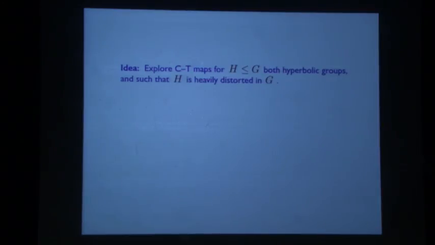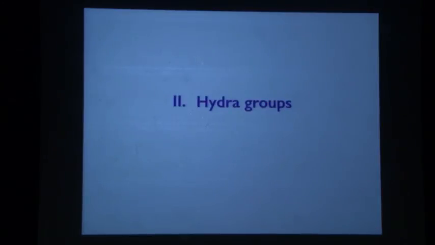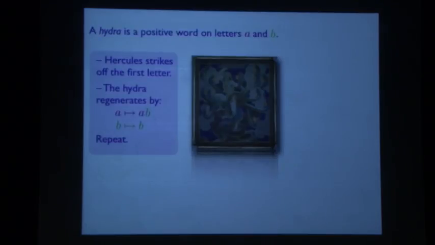Okay, so sources of these things. That brings me to section 2, Hydra groups. What are Hydra groups? Well, you remember Hydra is this beast that lived outside Lerna, and Hercules' second labor was to slay this thing. It was a beast with multiple serpentine heads.